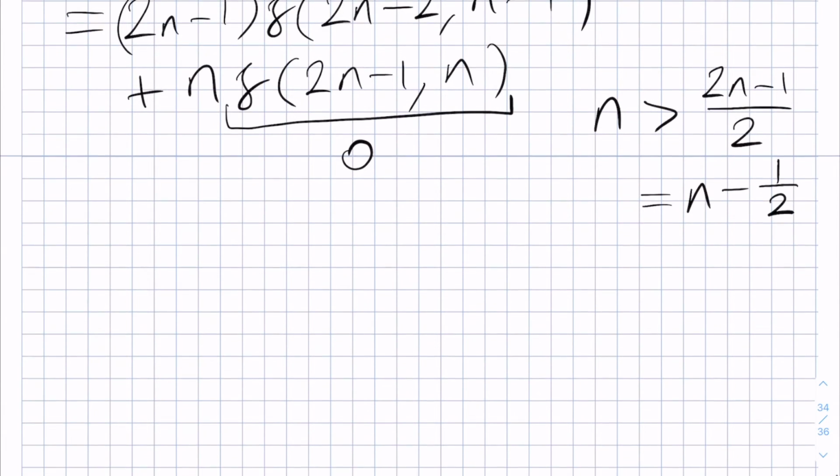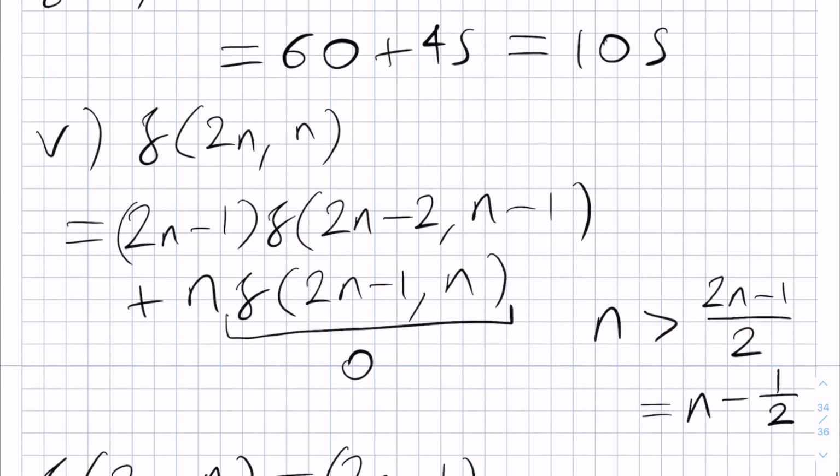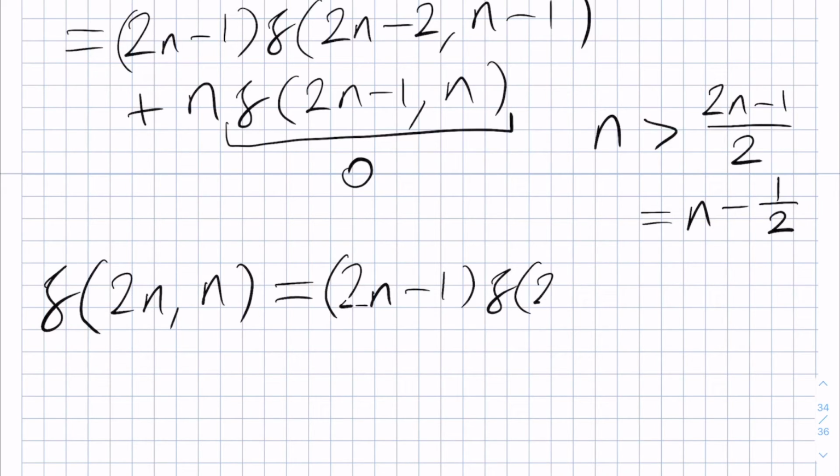So let's write that out. We have f(2n, n) is equal to (2n minus 1) f(2n minus 2, n minus 1), and then we can repeatedly apply this result again and again.